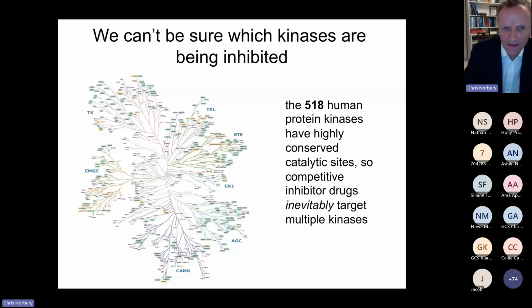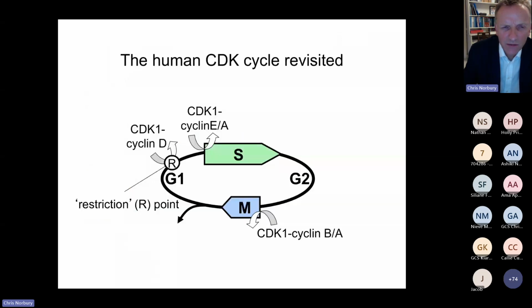And that's important because recent evidence suggests that although this is the textbook model of how the cell cycle is controlled, cyclin-dependent kinase 1, or CDK1, can actually substitute for these other CDKs and might be itself very directly relevant to this process of commitment to the cell cycle. And so instead of targeting CDK4 and CDK6, against which those inhibitor drugs were designed, we might do better to target CDK1 instead.